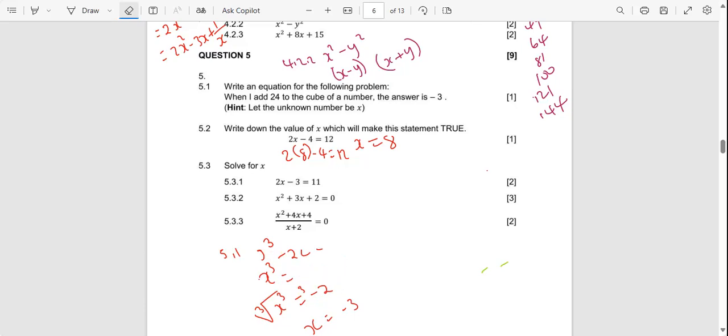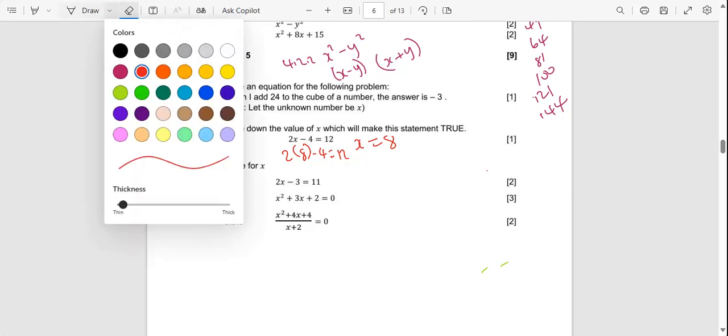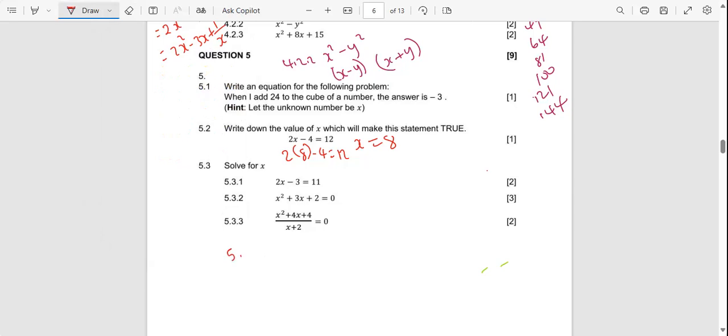Okay, solve for x. So 5.3.1, 2x minus 3 equals 11.